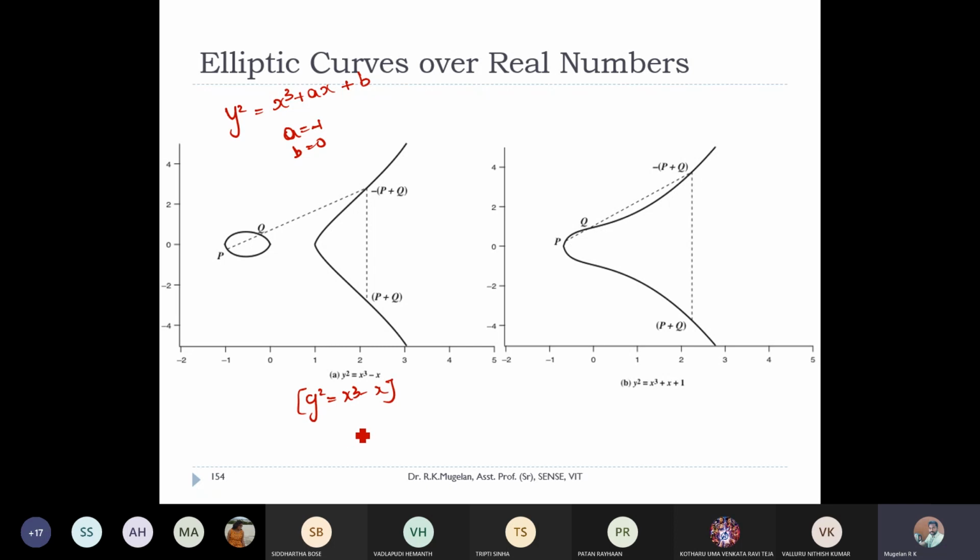If I vary the values of x, I will get different values of y, and if you plot, I will get a graph like this. Whereas in this expression, if I substitute a equal to 1 and b equal to 1, my curve expression looks like y square is equal to x cube plus x plus 1.